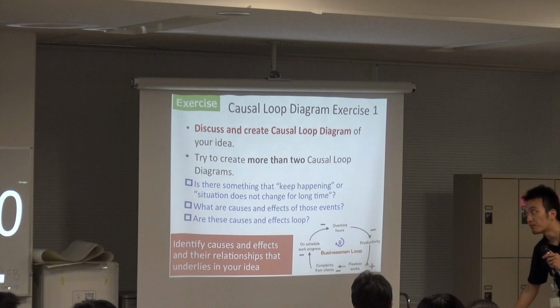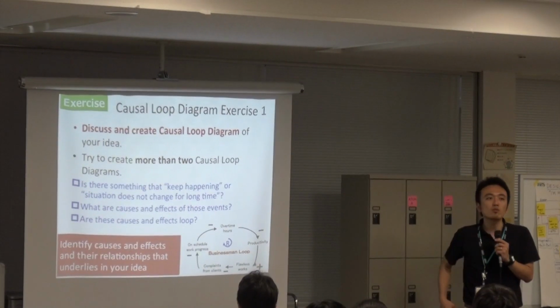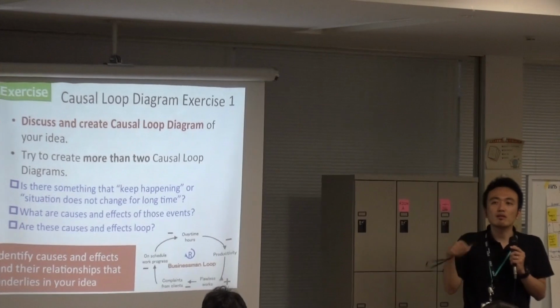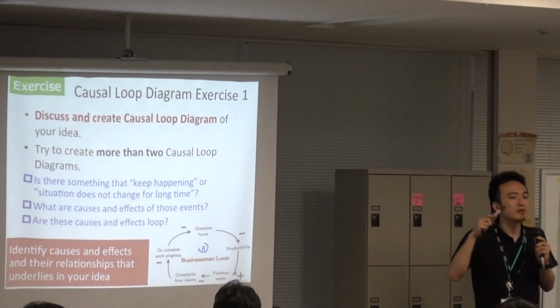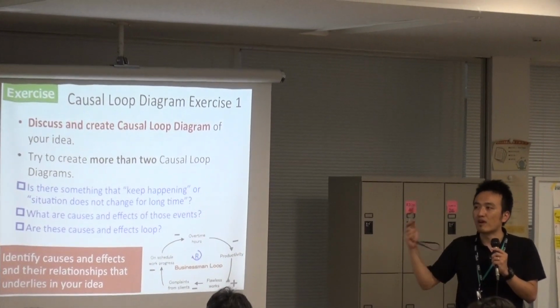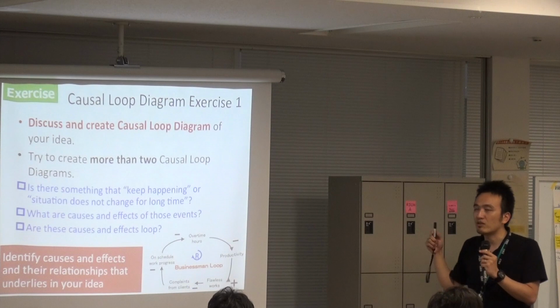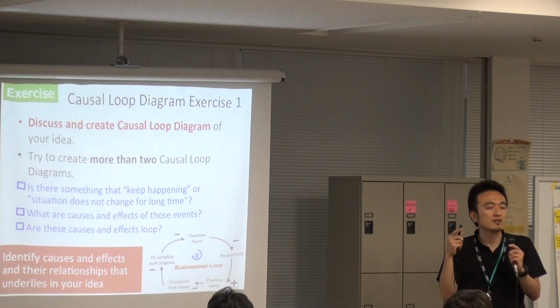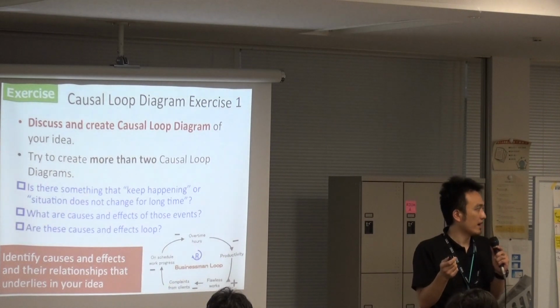So what I really wanted you to try to do, I'm not going to do this exercise on your idea, okay? In your idea, you want to keep the good loop running so that you will have a repeated customer or repeated user that's satisfied, right? So think about this. I'm not going to do the exercise, but you have to design your desirable causal loop around your solution, okay?